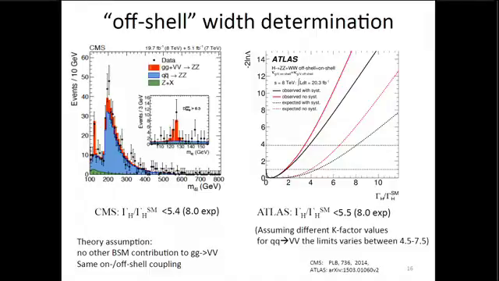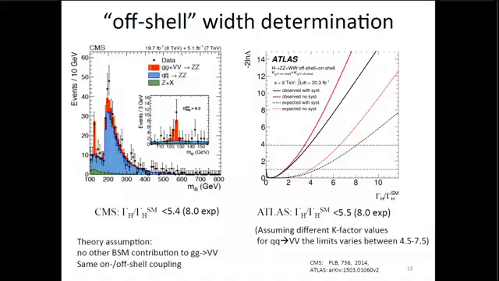So basically, okay, this explains what I was saying, and these are the limits that are obtained. Basically, the limit on the ratio of the Higgs width over the standard model width is at the level of 5, and very similar.